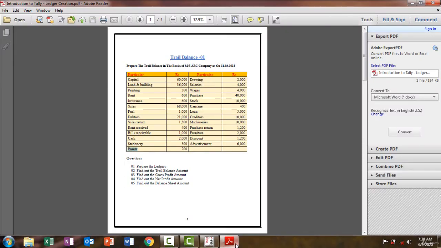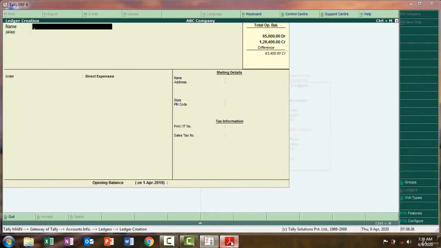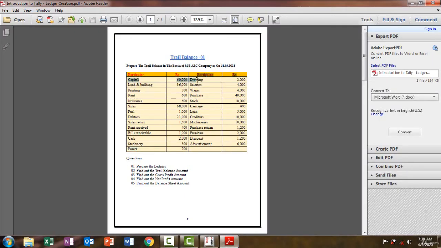Okay, so the next one is drawing, 2000. It means that the owner took money from the company, so they have to deduct it from their capital. So that's why I'm going to type the drawing here. I'm going to create the drawing account.